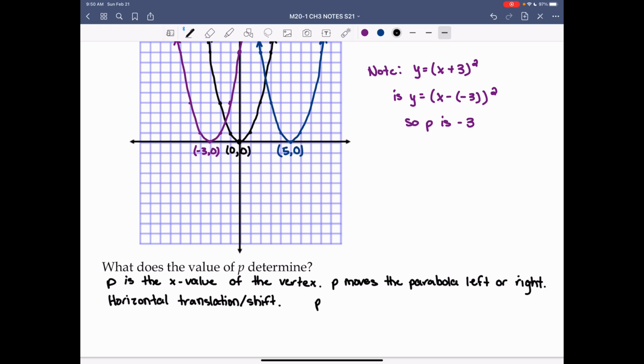When p is greater than 0, the parabola moves right. And when p is less than 0, the parabola moves left.